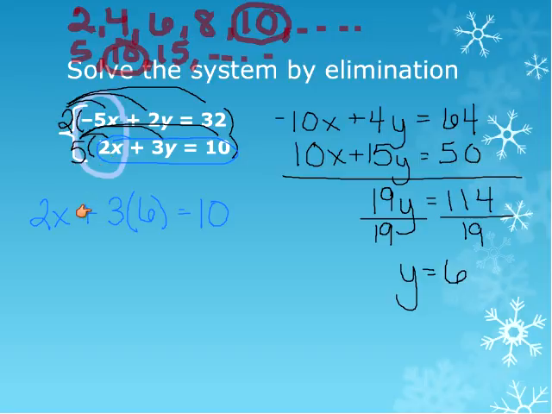So I generally look for the smallest numbers to go for. Okay, what is 3 times 6? Yep, 18.